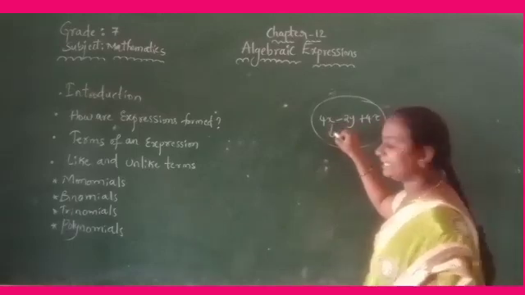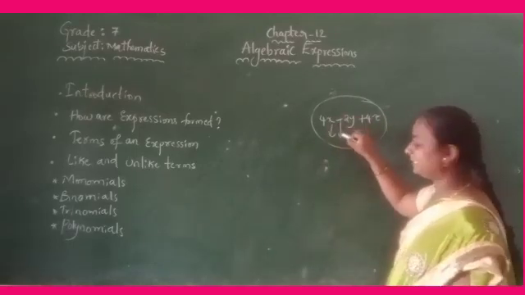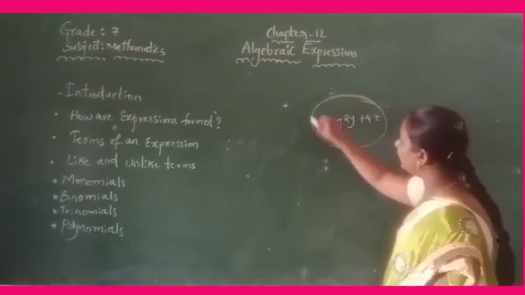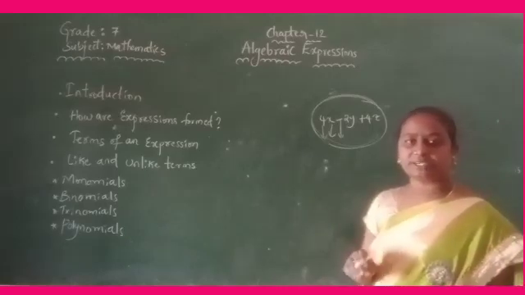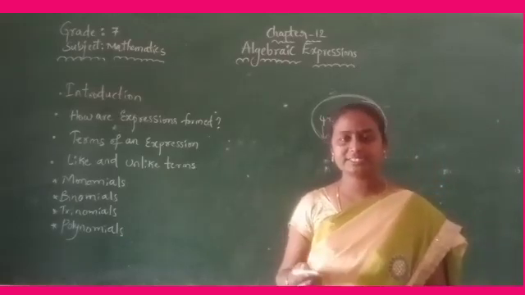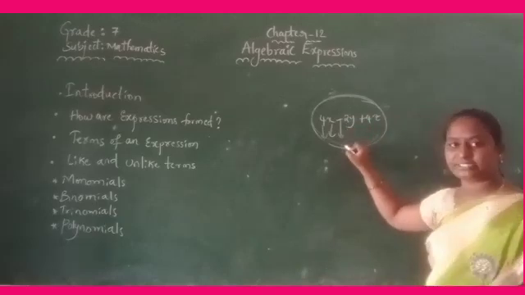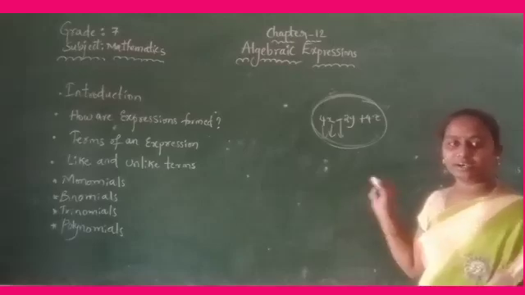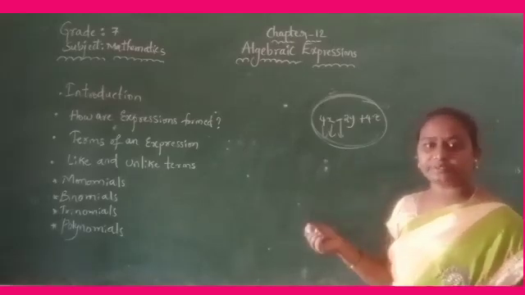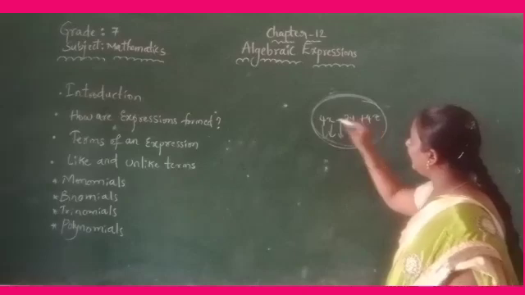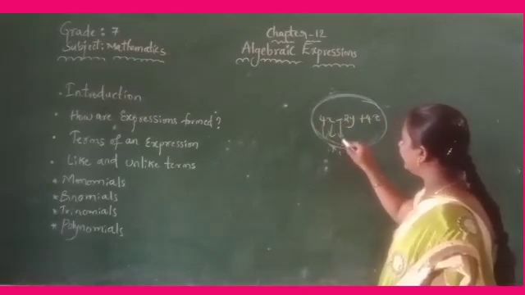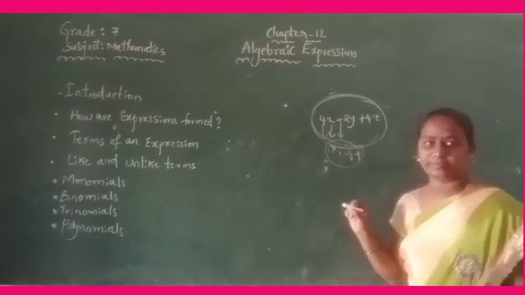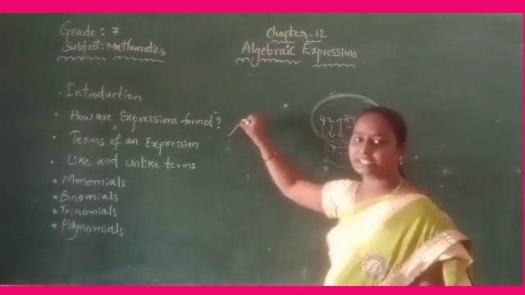They contain variables, arithmetic operations and constants. The combination of variables, constants and arithmetic operations is called an algebraic expression. When variables and constants are connected with the symbols, algebraic expressions are formed.